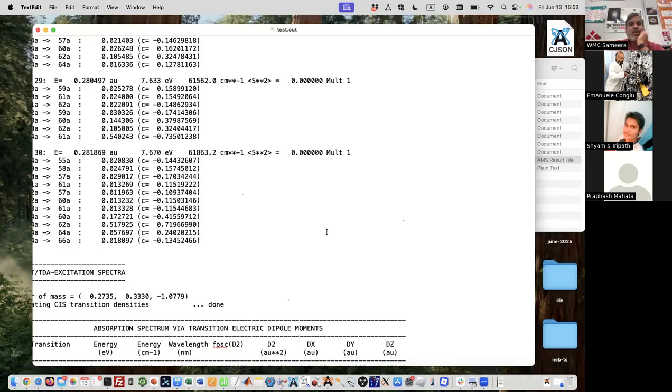Whether it is absorption or emission, explain anyway. The transition from a particular ground state to a particular excited state, suppose 1, 2, or 3, is it a bright state or a dark state? From the calculation, can I confirm this?